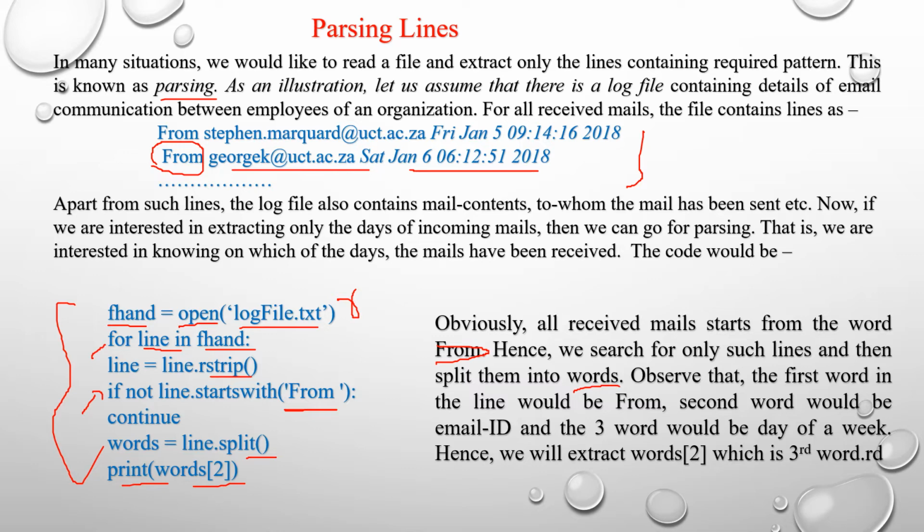Observe that the first word in the line would be From, the second word would be the email ID, and the third word would be the day of the week. Hence, we will extract word 2, which is the third word. Here we are using two built-in functions, the first one is rstrip and the second is startswith. So using these two built-in functions, we can easily extract the lines.